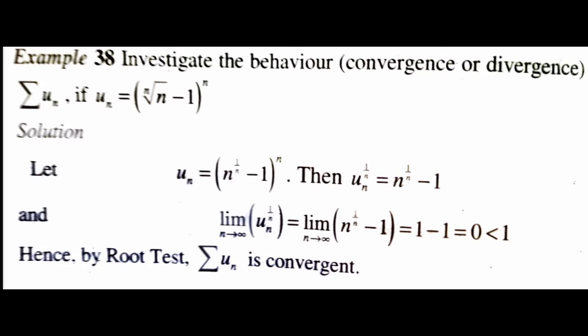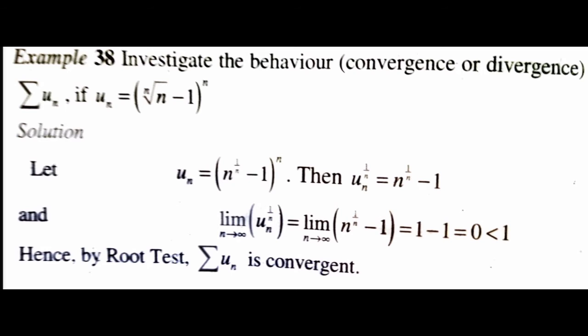Our next question is, investigate the behavior of sigma un if un equal to nth root of n minus 1 the whole raised to n. We want to check whether the series converge or diverge. Solution: let un equal to n raised to 1 by n minus 1 the whole raised to n.